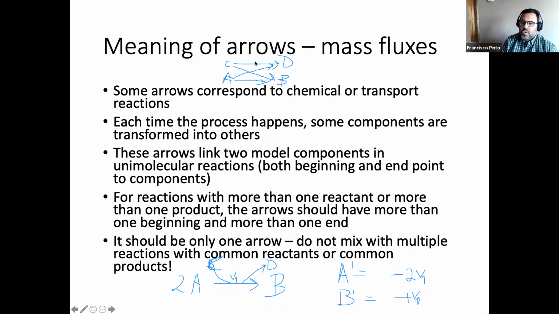So in this case, we have 4 arrows, but eventually they are representing just one chemical process. So you have to know if those 4 arrows are different independent chemical processes, different transformations, or they are part of the same chemical process, because each chemical process or transformation process has one rate expression and not multiple rate expressions. Okay.